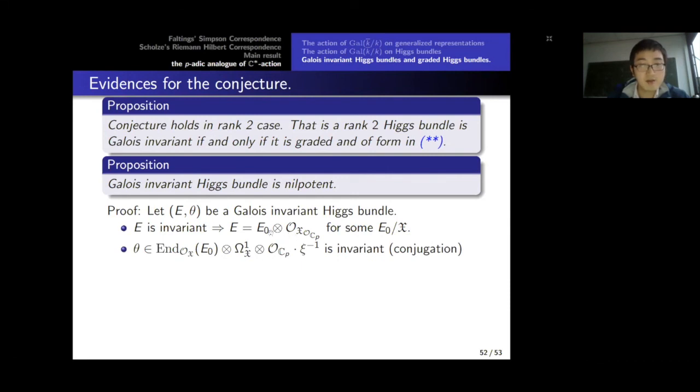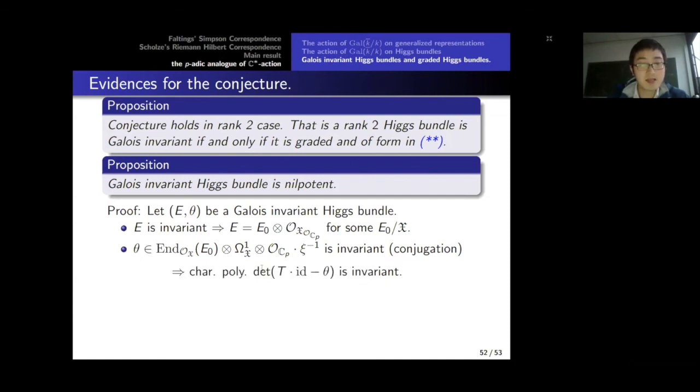After we have this equality, we can write the Higgs field as an element in this group. As this (E, theta) is Galois invariant, the conjugacy class of this Higgs field is also invariant.